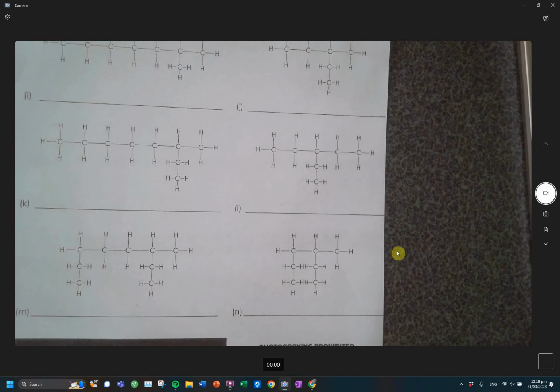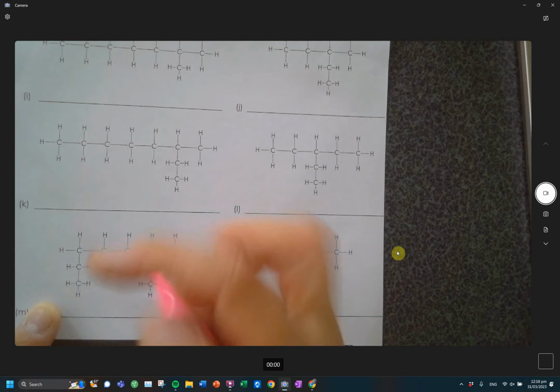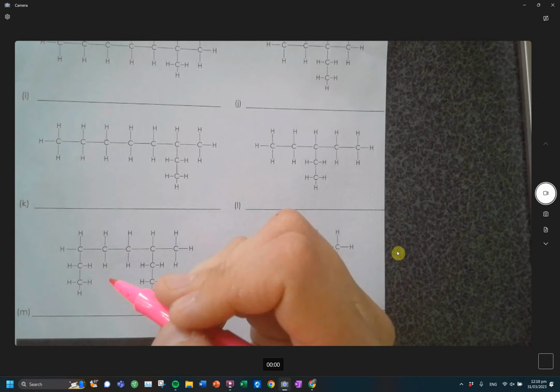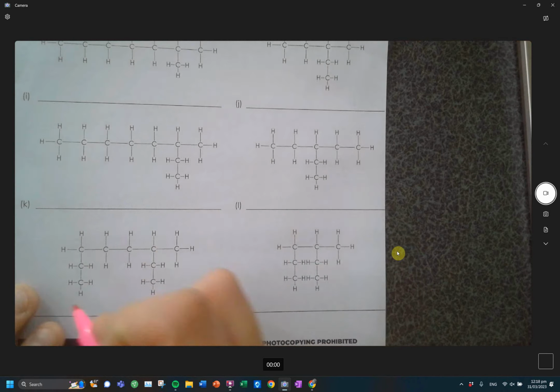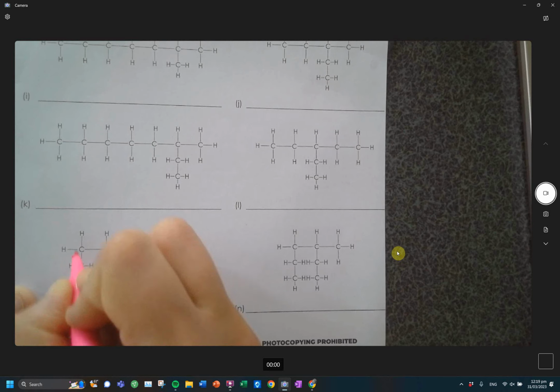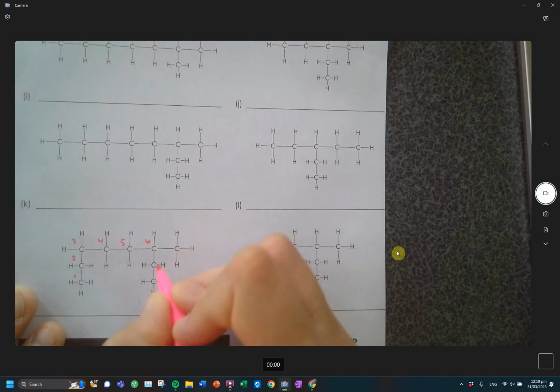Yep. All right. So this one, again, we have to play around to see where the numbers are going because I'm looking for the longest chain possible. So don't be thrown off by the fact that this guy is coming down because it's still part of that same long chain. So I'm going to go 1, 2, 3, 4, 5, 6.